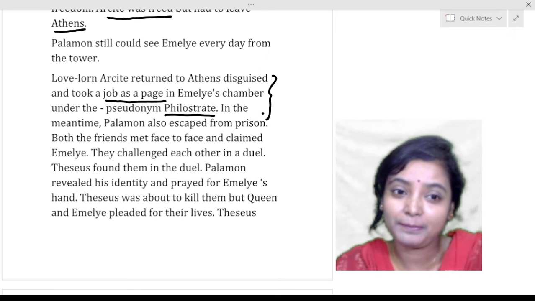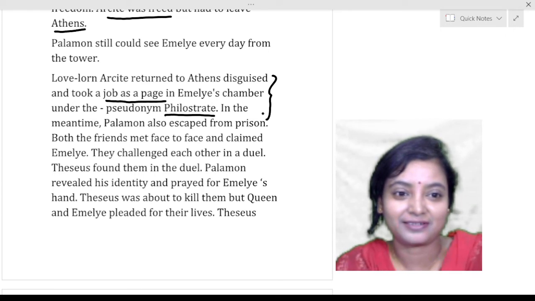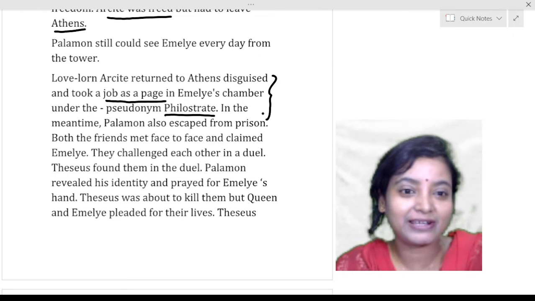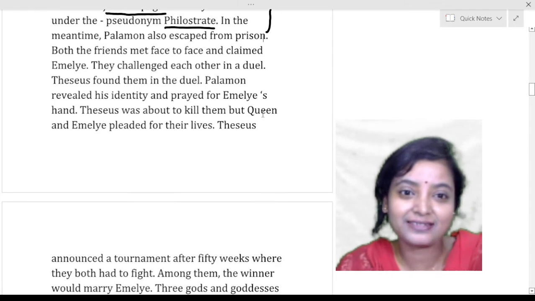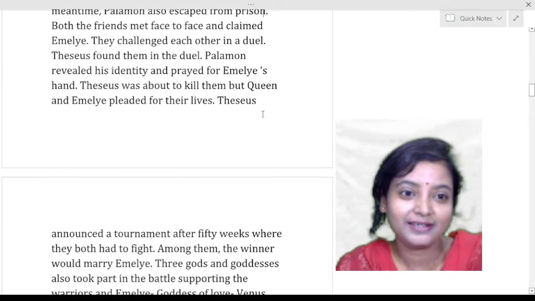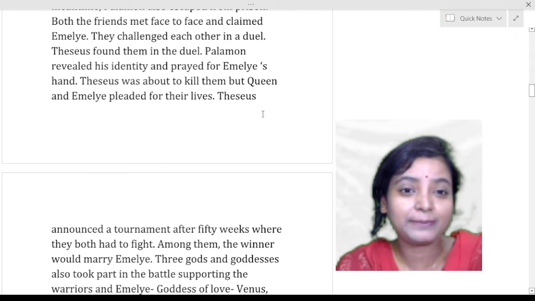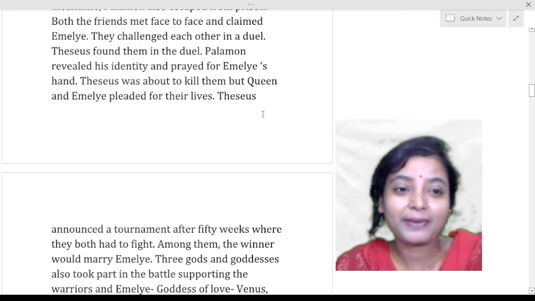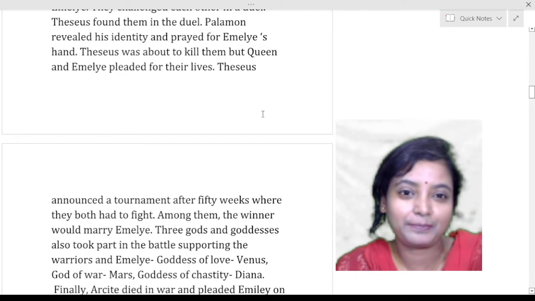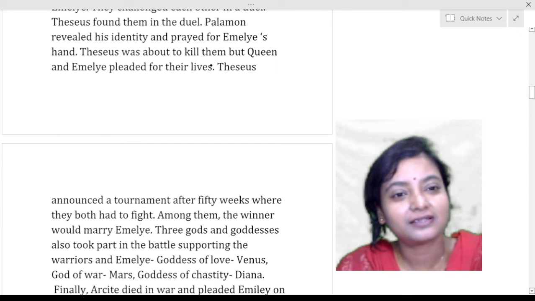In the meantime, Palamon also escaped from prison. So both the friends met face to face and claimed Emily. They challenged each other in a duel. Theseus found them in the duel. Palamon revealed his identity and prayed for Emily's hand.